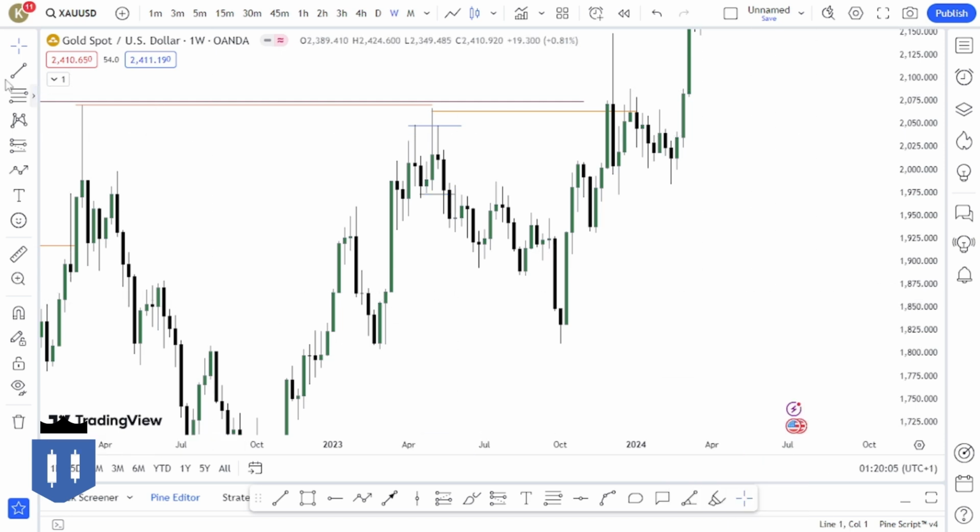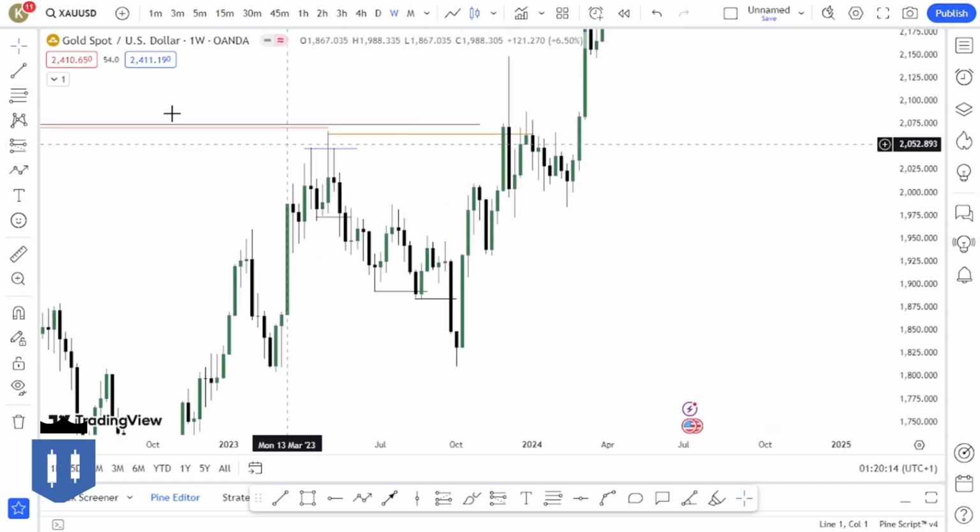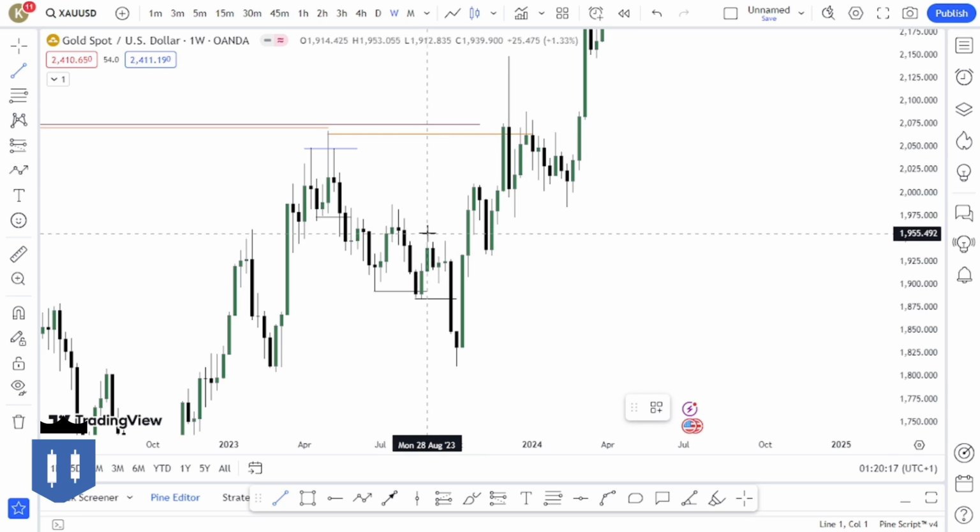Black. So as you can see, this is a weekly chart. This is a sweep. This is a POI. I already did that one. This is it.